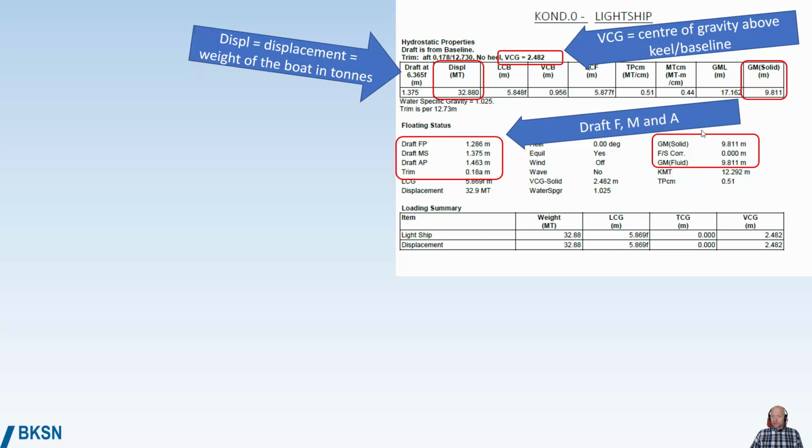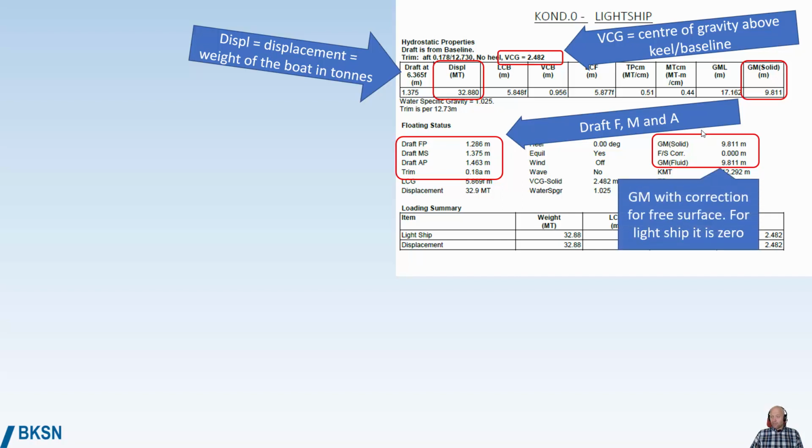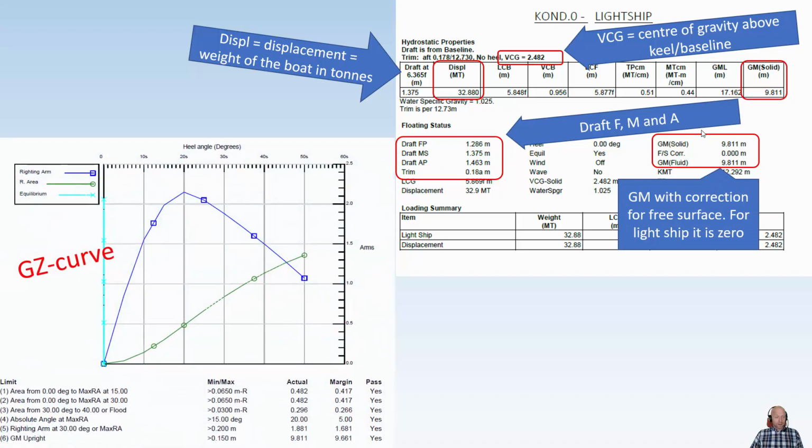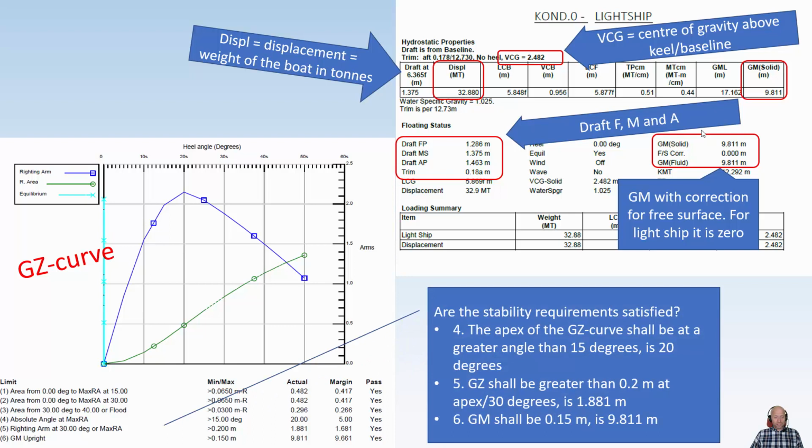GM solid is 9.811, and there's no free surface correction, obviously, since this is a lightship condition and all tanks are empty and thus have no free surface. The GZ curve looks like this, and below the GZ curve you check whether the stability requirements are satisfied. As we can see, there are 6 requirements, and number 4 is that the apex of the GZ curve should be at a greater angle than 15 degrees.